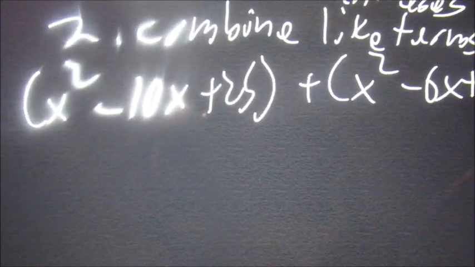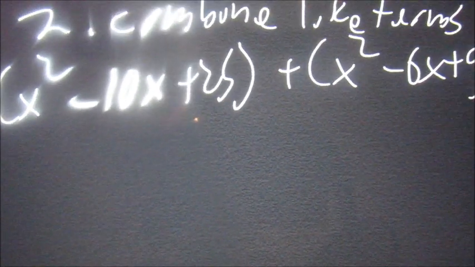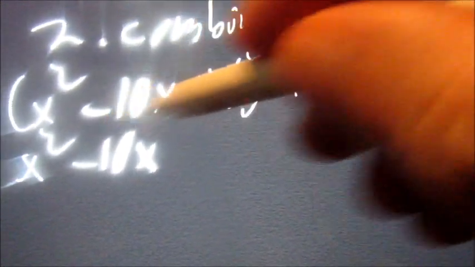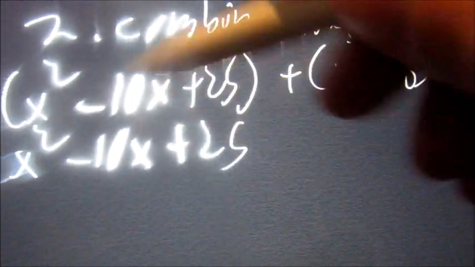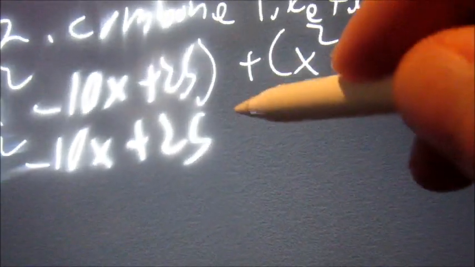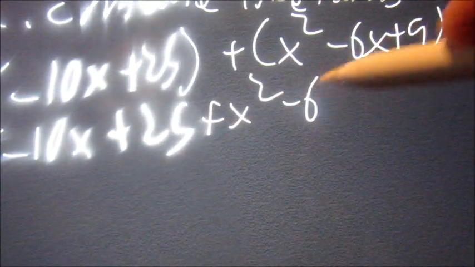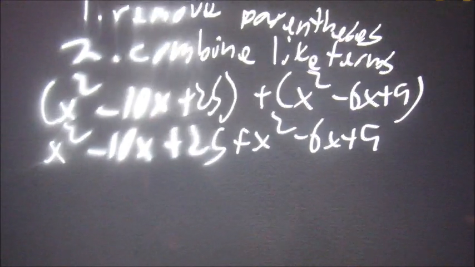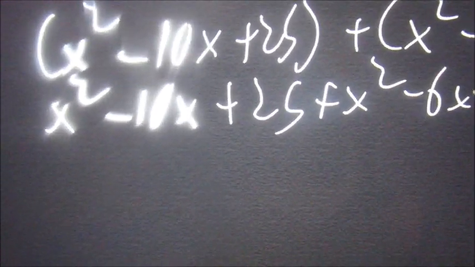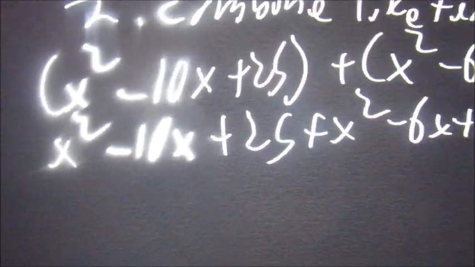So the first thing I'm going to do, whenever we have a plus in between here, is just pretend that plus isn't there. So the parentheses aren't there. x squared minus 10x plus 25 plus x squared minus 6x plus 9. All I did was recopy everything, but without the parentheses.